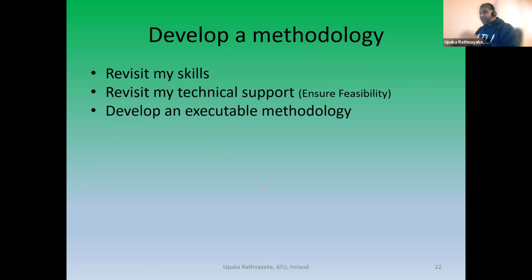Now, it would probably be easy for me to just tell you, look at the research sketch and you have the objectives, and develop an executable methodology and so on. It's very easy to tell, but I know you also understand it's a very difficult aspect because you need a lot of time.